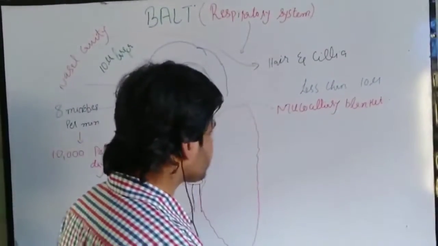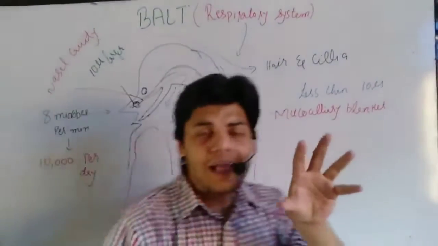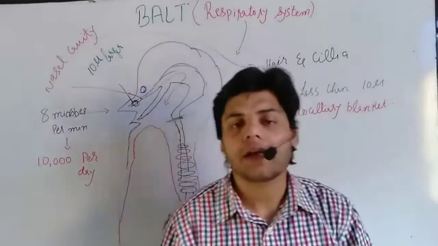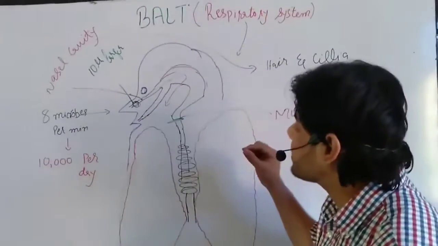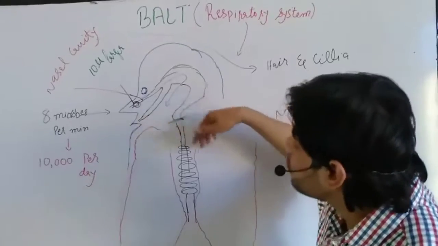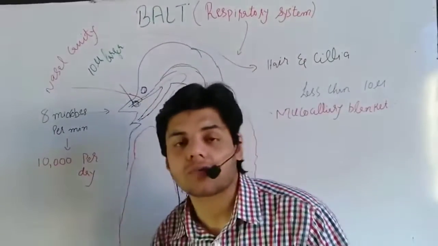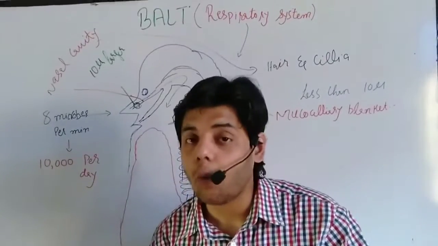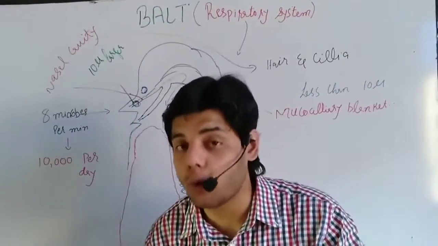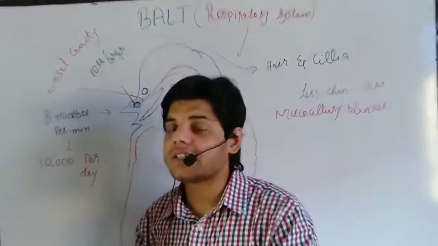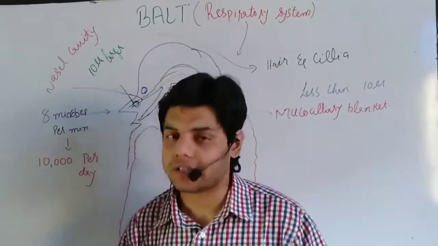Once the microorganisms are trapped by this mucociliary blanket, they are shifted to the mouth. Some of them are shifted to the mouth area and some to the nose area with the mucous membrane, with the mucus. After that, during coughing and sneezing, the microorganisms are released out.